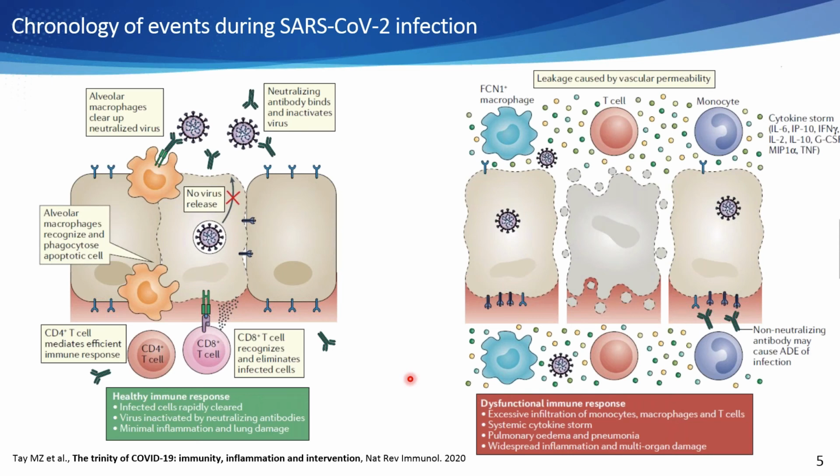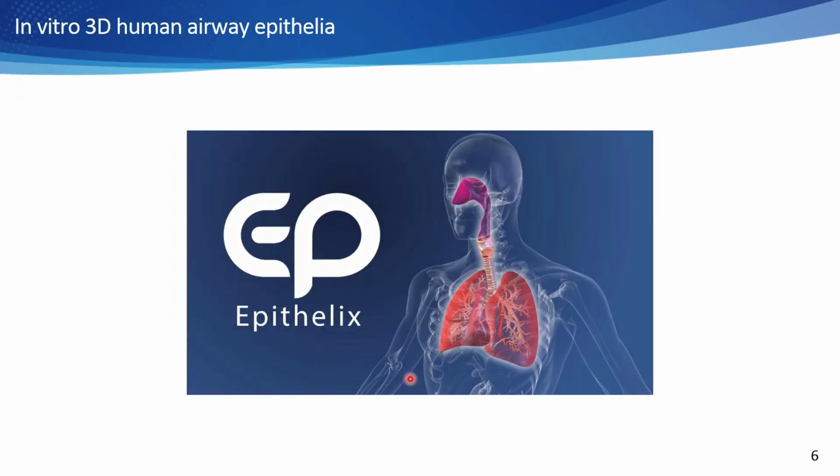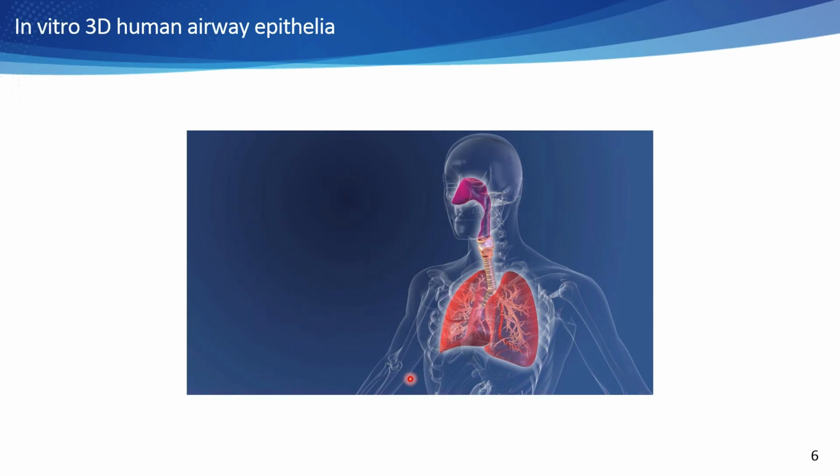And in the worst case, pulmonary edema and pneumonia are found, and widespread inflammation and multi-organ damage in the most severe cases. So clearly, the human epithelium has a large role in all these signaling pathways. So how do we model that in vitro?